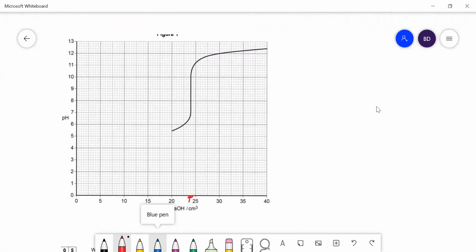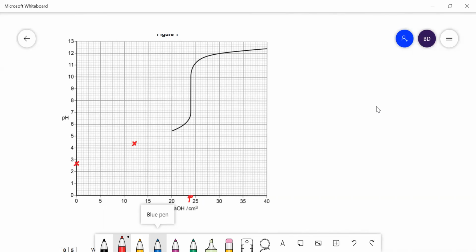The pH there is 4.58, so at 12, about there. And the pH at the start was 2.8, so that's right down there.